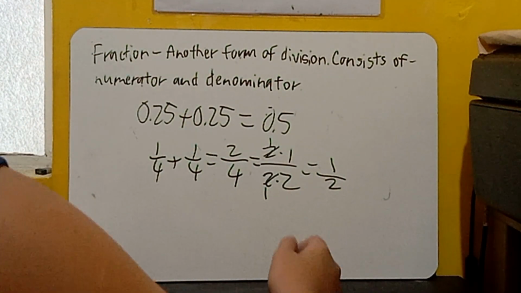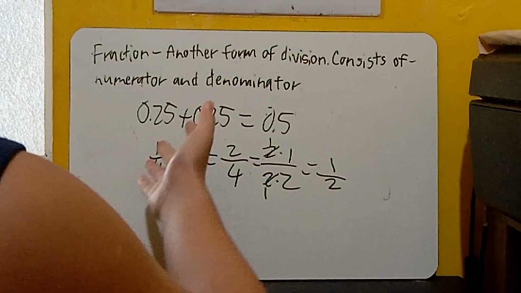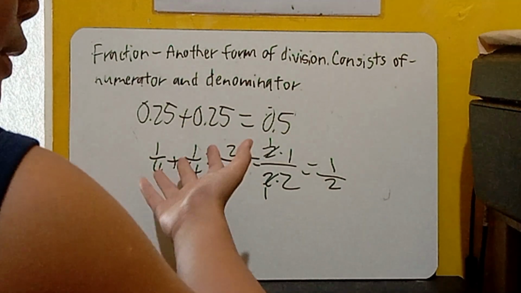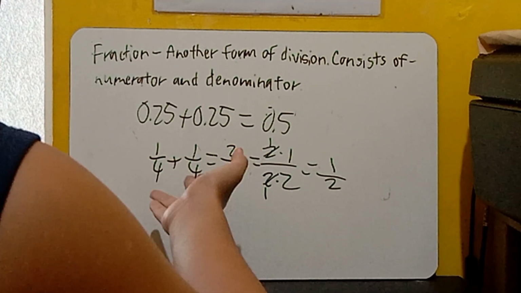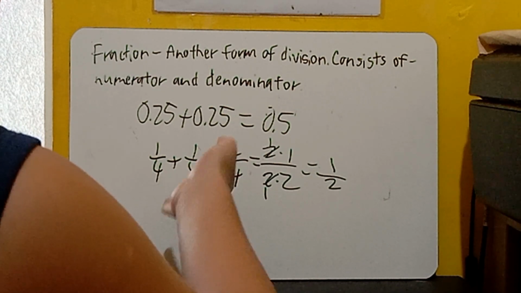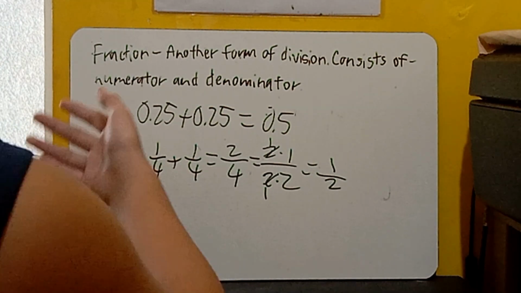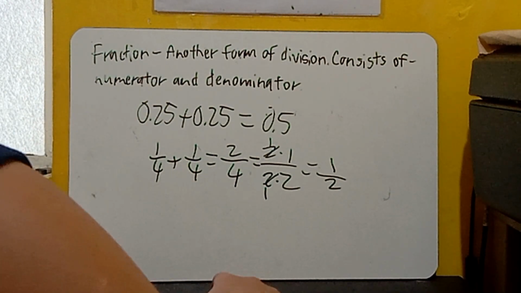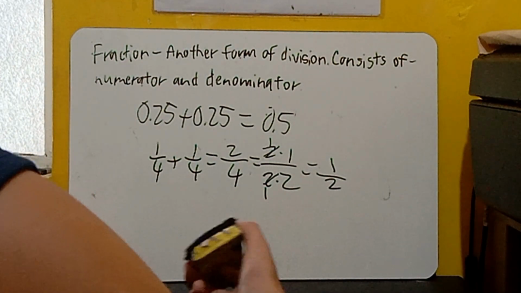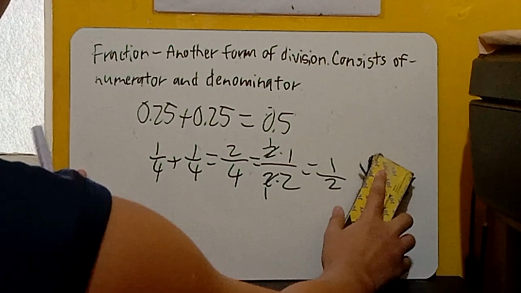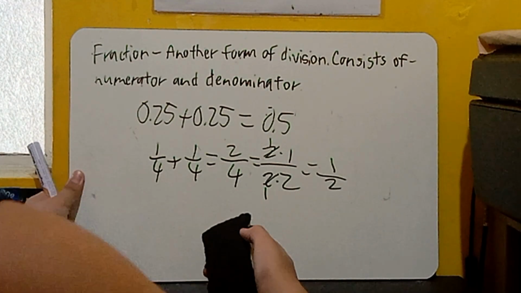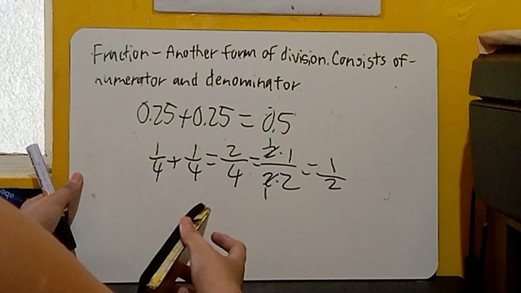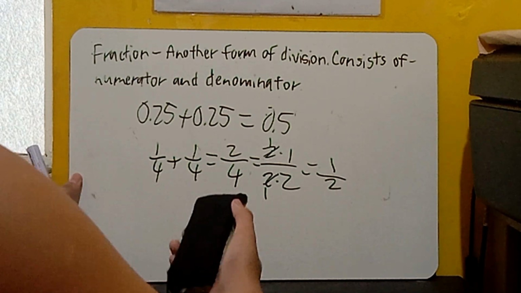You see that? Using the fractional form is easier than using the decimal form, but remember, decimals are still important. We just use the fractional forms to make it easier.